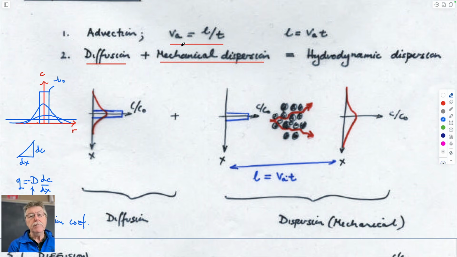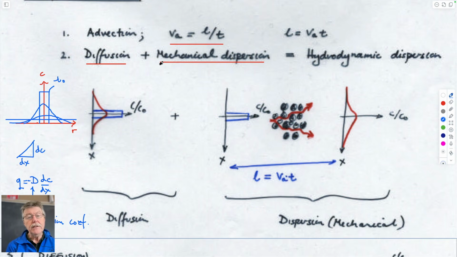This is being carried by the bulk velocity of the water, physically taking the beaker to the other side of the room. And so those two processes are separate. If I was carrying the beaker, I guess it would be diffusing at the same time I was traveling with it. And so by the time I got to the other side of the room, it would look like one of these bell curves, these Gaussian distributions.